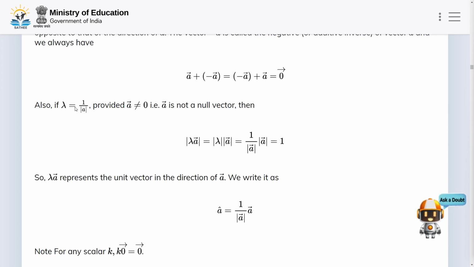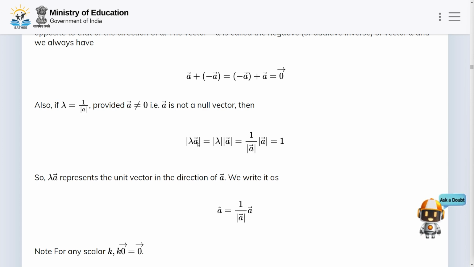Now if lambda is equal to 1 by modulus A, then you will have the absolute value of lambda times vector A equal to the absolute value of lambda multiplied with the magnitude of A. You will have 1 by magnitude of A multiplied with magnitude of A. This is equal to 1.